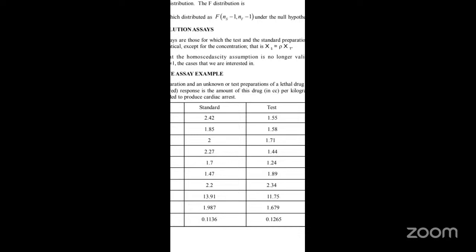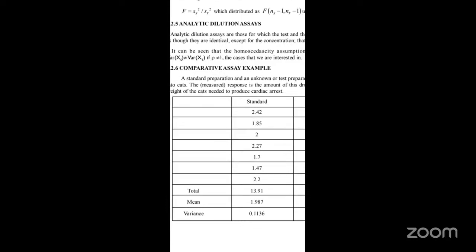Standard means, for example, our body temperature is this actual value, room temperature is some 24, 25. If the climate and place change, we can get another temperature. So that means standard and test, with total mean and variance.